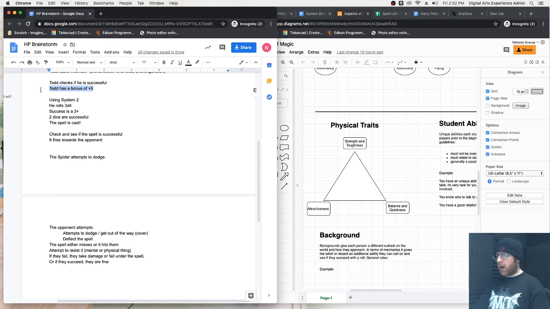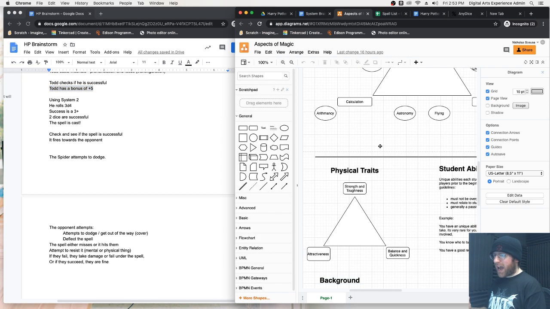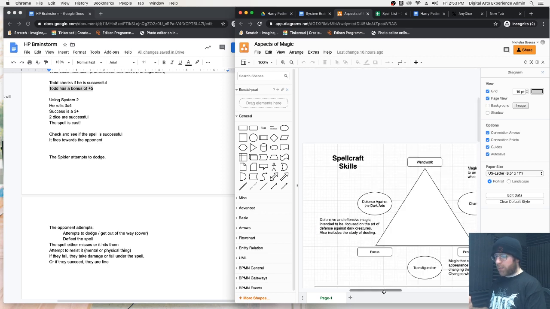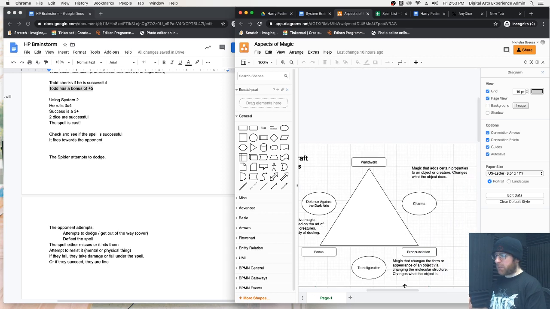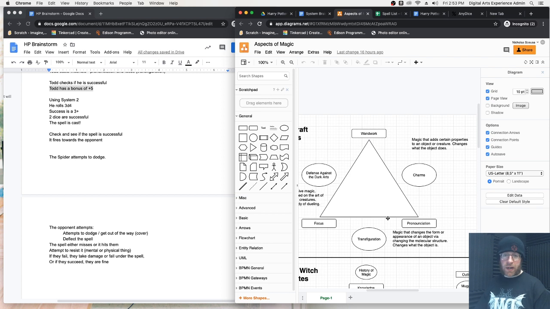I know in D&D, and I know I keep making comparisons because it's a really great system, you have something called a spell save, and that's universal across the board. I think that makes sense due to the sheer amount of spells. But because we're working with so many spells, I think it makes sense to have a different difficulty depending on the type of spell you're attempting to cast, because you're going to be better at certain spells than others.